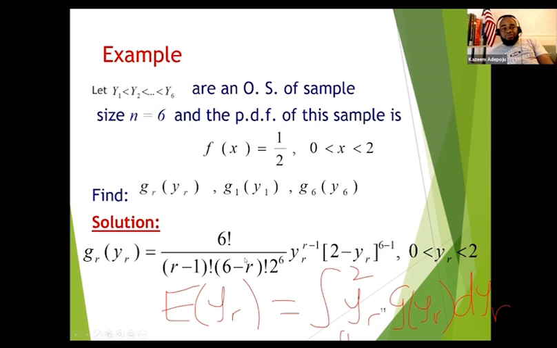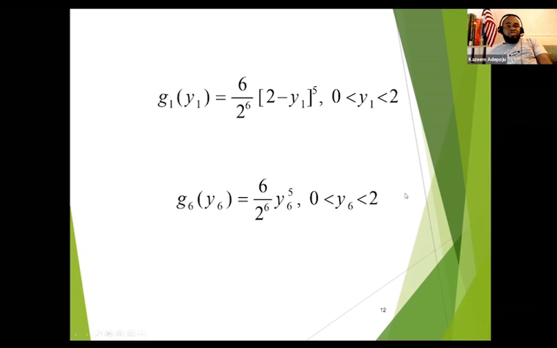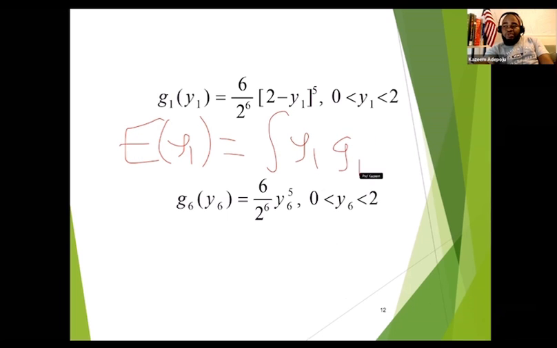But this is the distribution of the out order. Take a look at that. Similarly, for the smallest, you can also do it using this. You can be asked to find the expected value of y1, which is going to be the integral of y1 times g of y1 dy1. And what is the range of y1? From 0 to 2. You can be asked to find the mean of that.